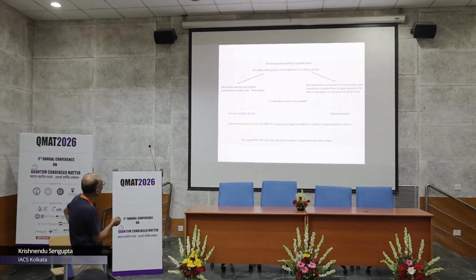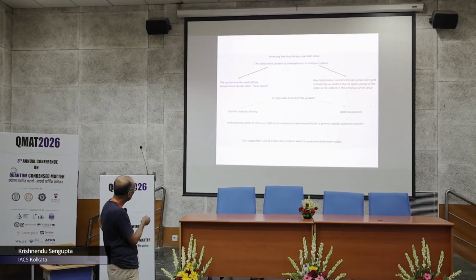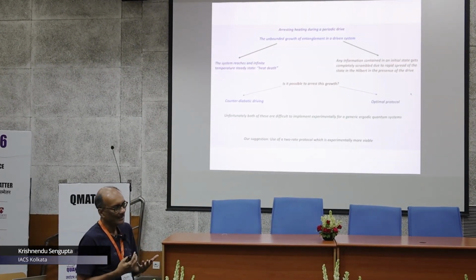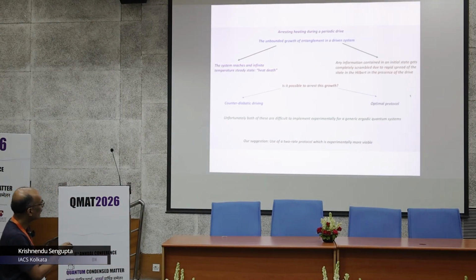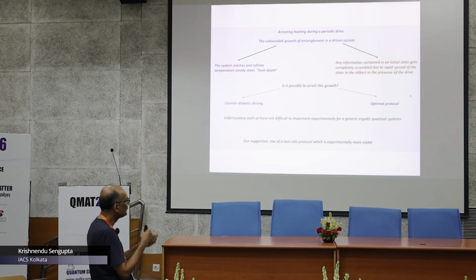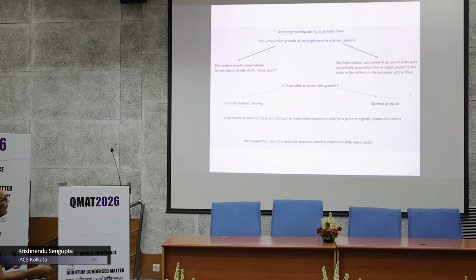Unfortunately, both have difficulties for experimental implementation. When you add these terms, you often find that for a realistic model they would be non-local, and in the optimal protocol, it's simply too complicated to keep tweaking your parameters on the fly.